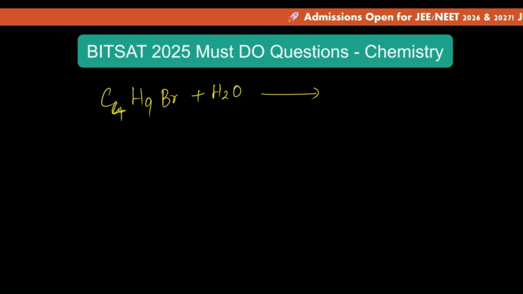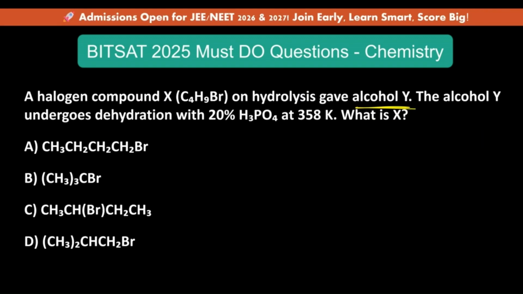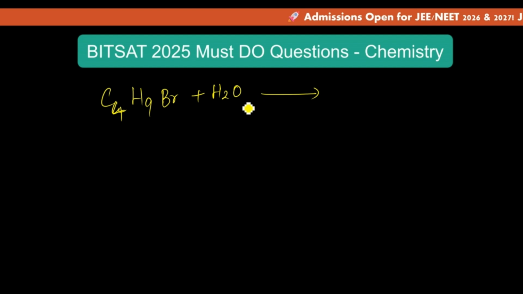That is giving us alcohol. So what type of alcohol can we expect? What will that do in the presence of H2O? C4H9OH with HBr would be formed, the corresponding alcohol that has been formed.